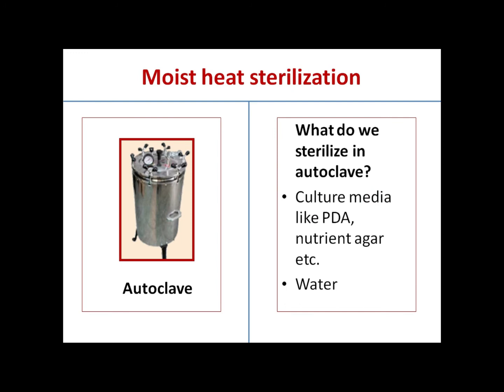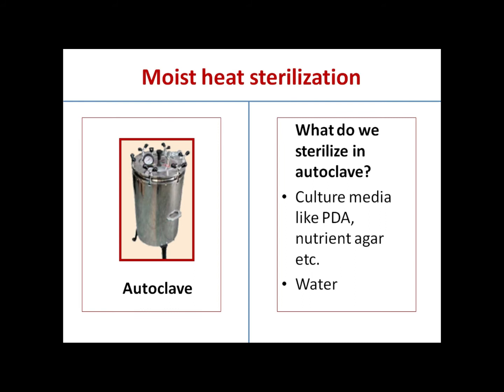Moist heat sterilization. It is usually done in an equipment called an autoclave that functions on the same principle as a pressure cooker. In this equipment, there will be water which will be boiled through electricity or in an oven.